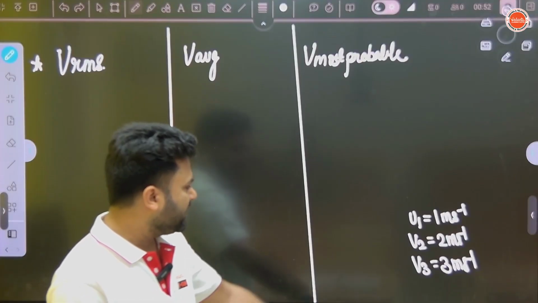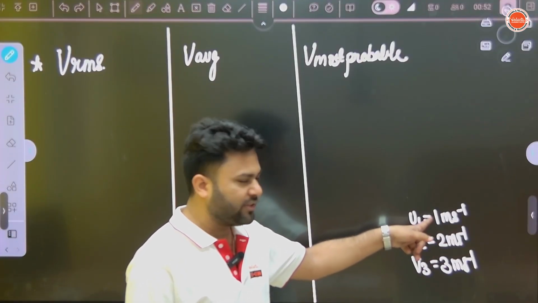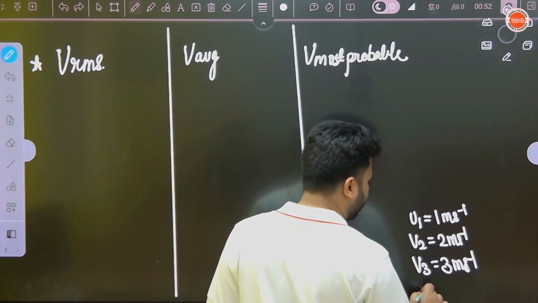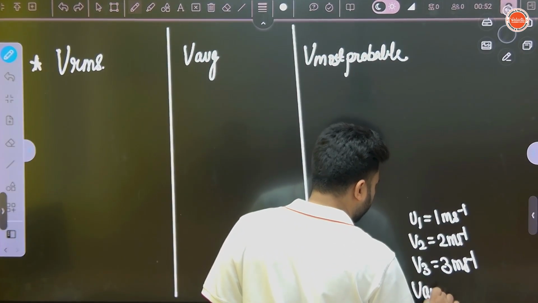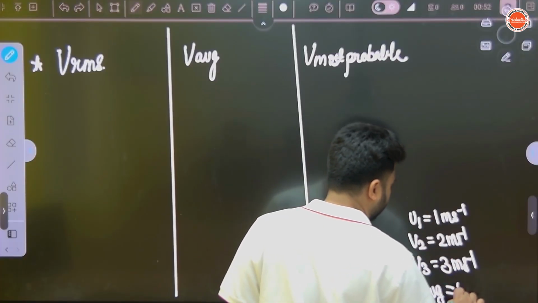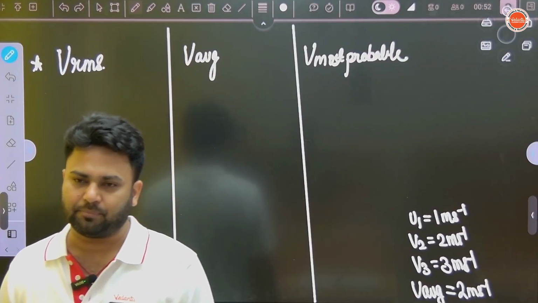If someone asks what the average speed is, 3 plus 2 is 5, plus 1 is 6, divided by 3, that is 2 meter per second. This will be the average speed.